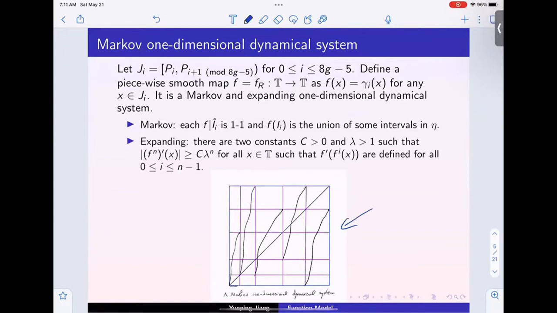For example, on this interval, your image is two intervals. On this interval, your image is all four intervals. On this interval, you have three intervals. Also, sometimes if they cover all, then you can see these two points will not be one to one. Only on the interior it is one to one, right? That is the way you define the Markov map.